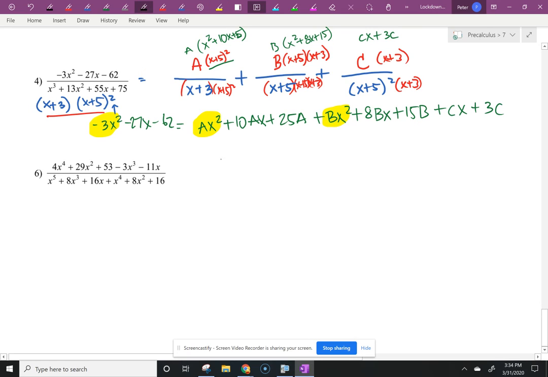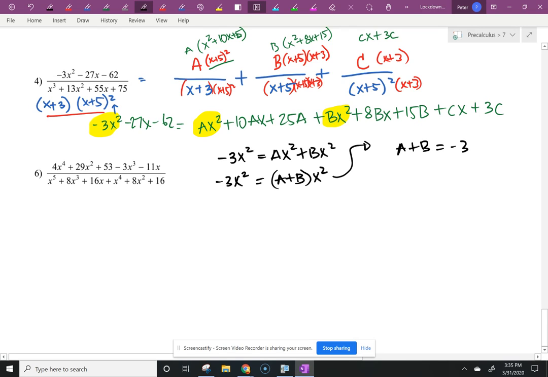So negative 3x squared has to be equal to ax squared plus bx squared. Or if you factor out the x squared, a plus b times x squared has to be equal to negative 3. So I could just pull that out and say a plus b has to equal negative 3.